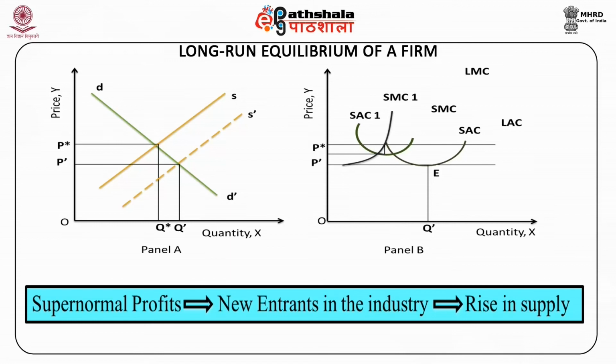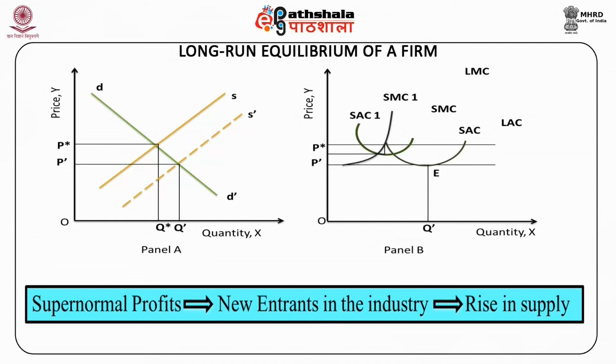This firm will have an advantage to build new capacity and will move along its long-run average cost curve, being attracted by supernormal profits enjoyed by this kind of firms.